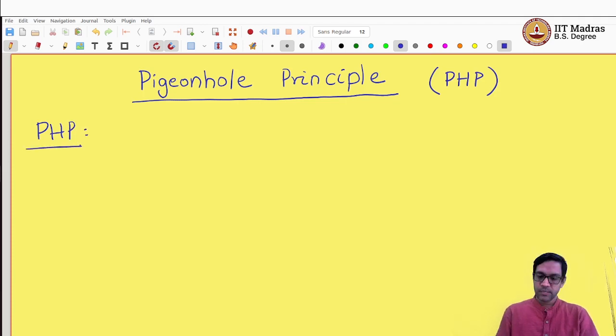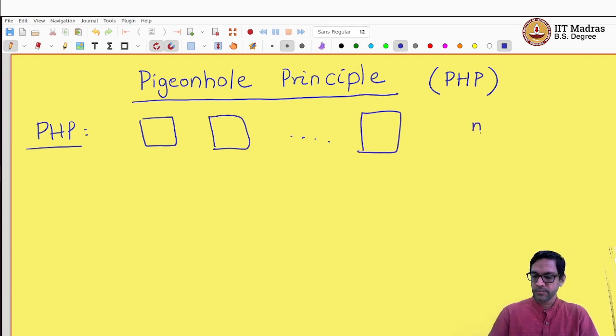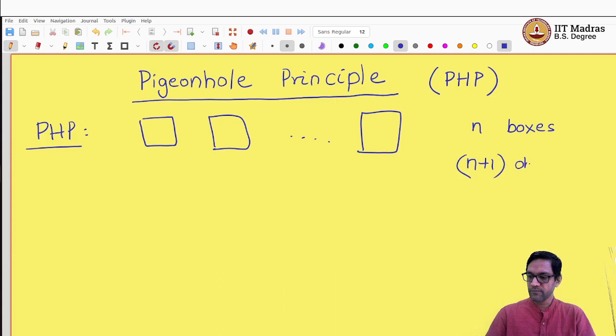It says, suppose I have the following. Suppose I have n boxes. Think of n as some number, and I've got n boxes. And suppose I have n plus 1 objects which I'm going to try and place into these boxes. I'll think of the objects as maybe some balls.